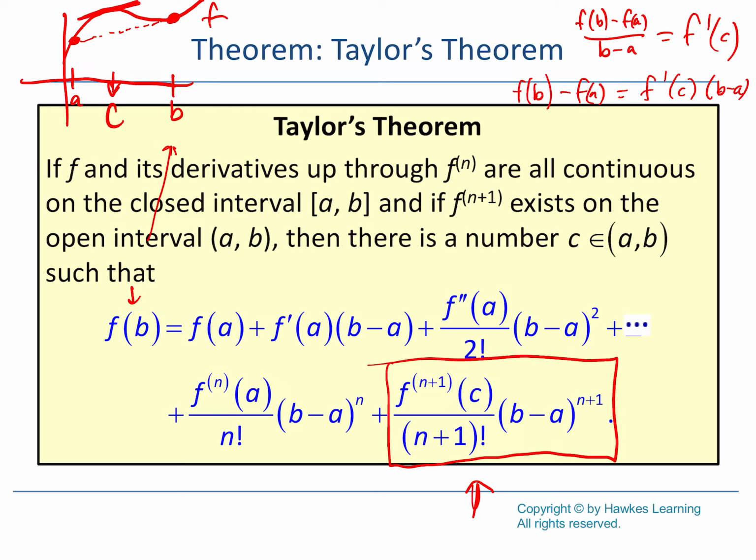And then if you add f of a to both sides, you get f of a plus f prime of c times b minus a. You get the same thing. It's just a first order instance of this Taylor's theorem.